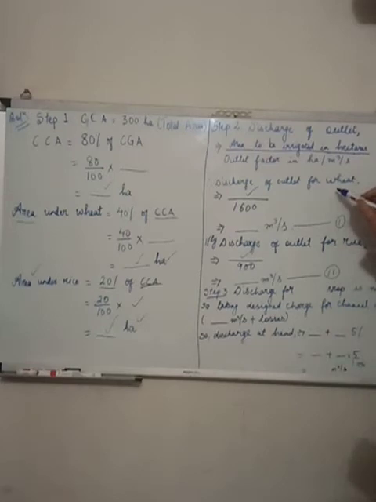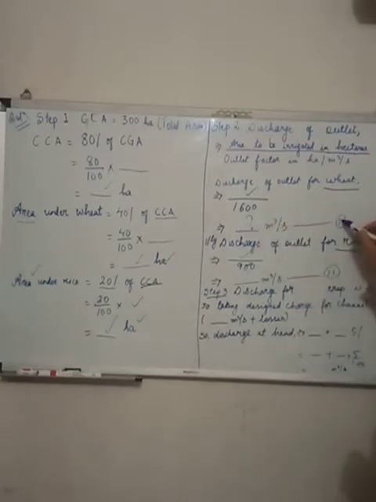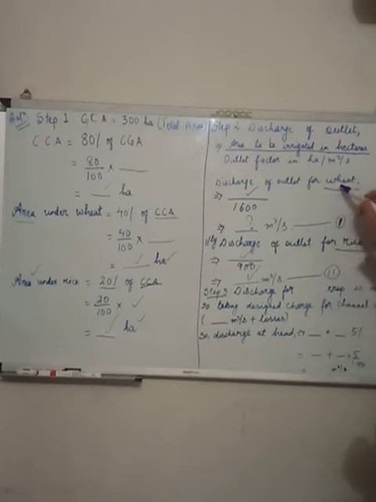Let us say the discharge outlet for wheat is greater than the discharge outlet for rice. Let us say the value that you got here, just for explanation, in equation 1, is greater than the value you got here. So we will take the discharge of the wheat.